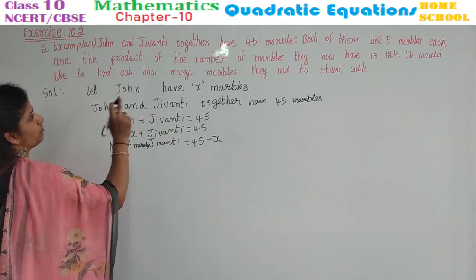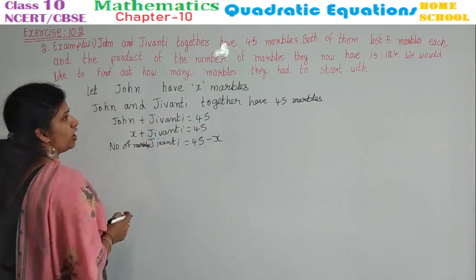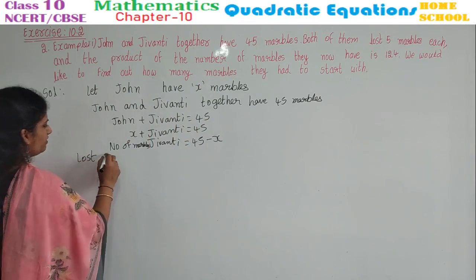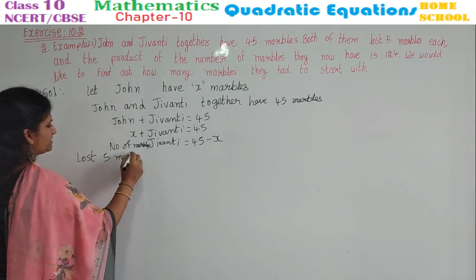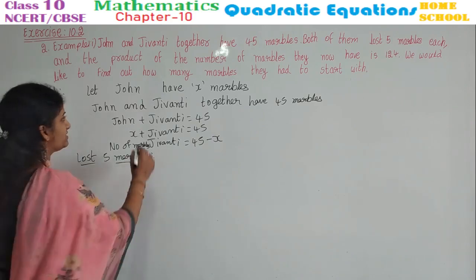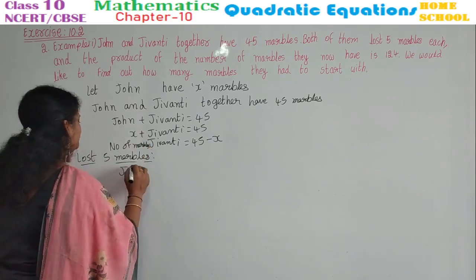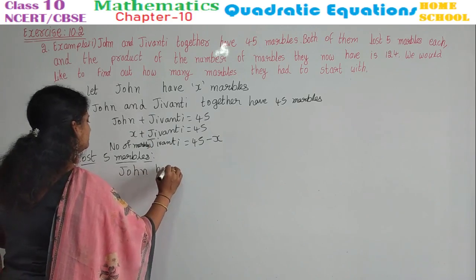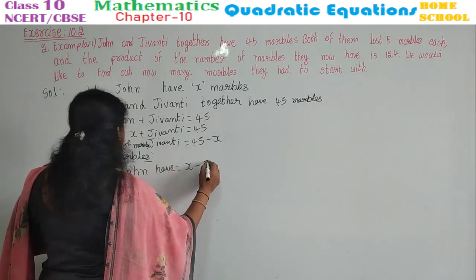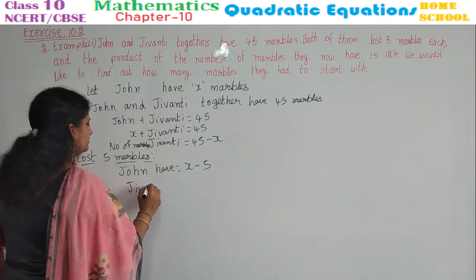And your statement, both of them lost 5 marbles. If they lost 5 marbles, then what happens? John have x minus 5 marbles.